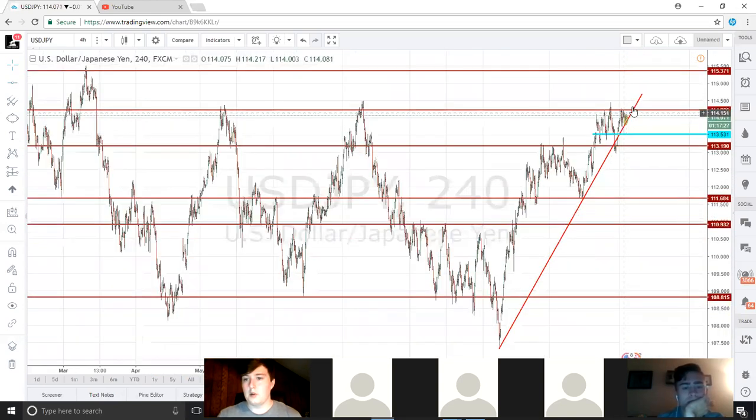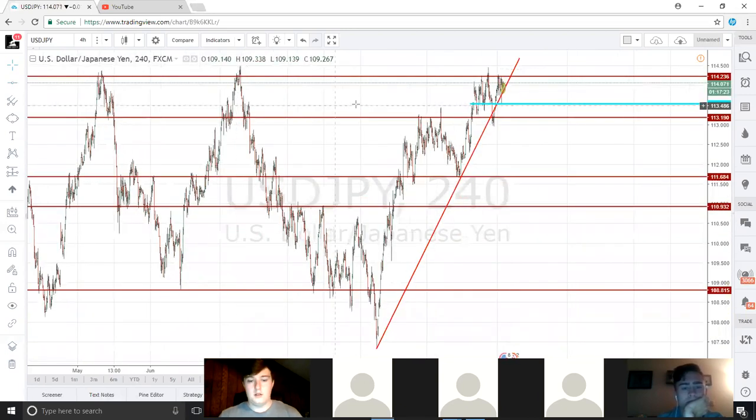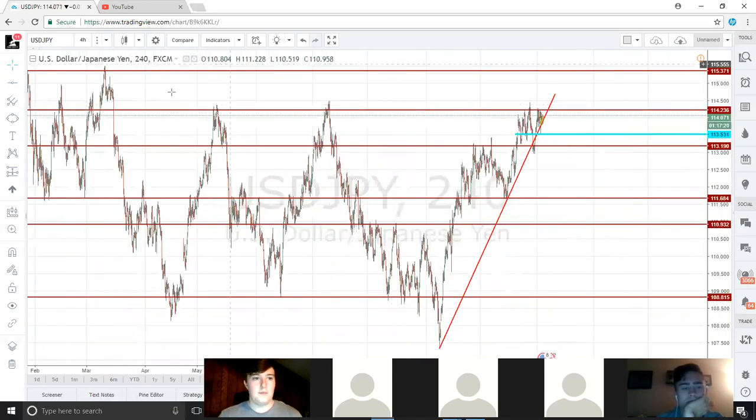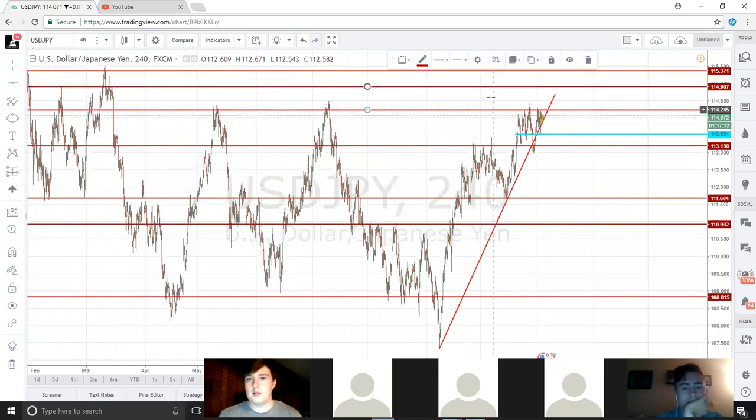So if we were looking for a buy, realistically, my take profit would be, let me zoom back out, around this area, because this is also another level of resistance, and this level. So take profit 1, take profit 2. And this is only going off of support and resistance, right?